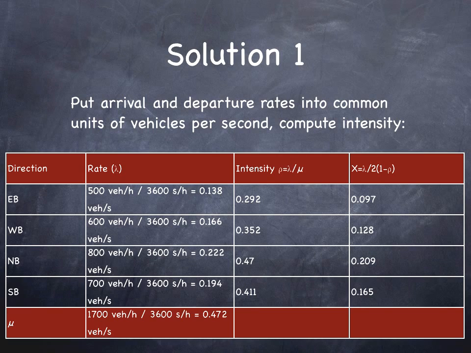Similarly, we compute the intensity, or lambda over mu. The mu, or the server rate, is 1,700 vehicles per hour, or 0.472 vehicles per second. So we can compute our intensity for the eastbound movement as our lambda of 0.138 over our mu of 0.472, which gives us 0.292. We can do this for all of the movements. The third column is a calculation that will be useful to us a little bit later.